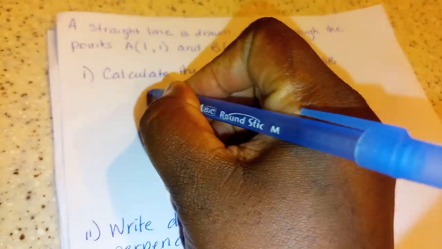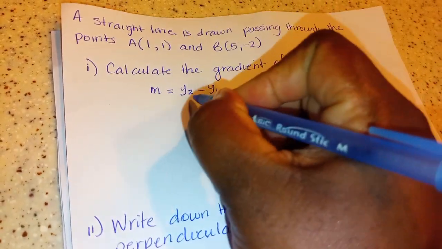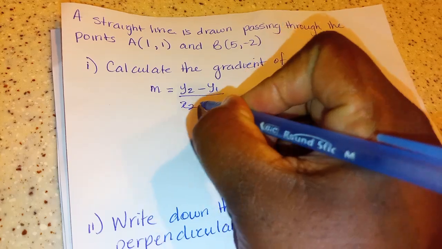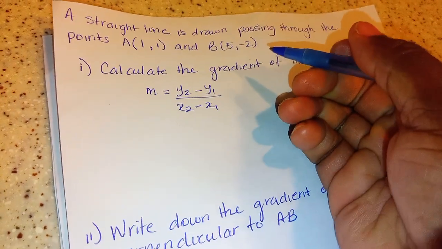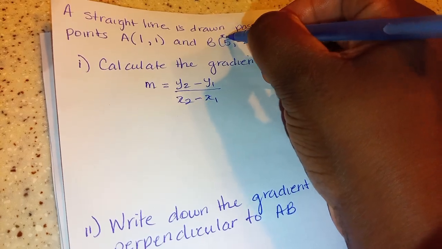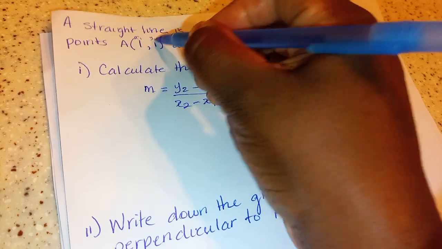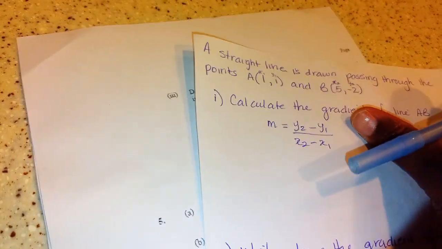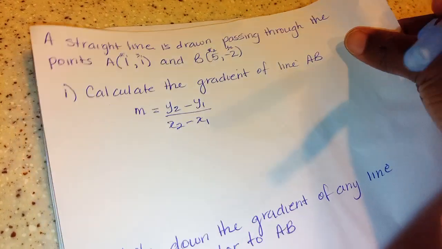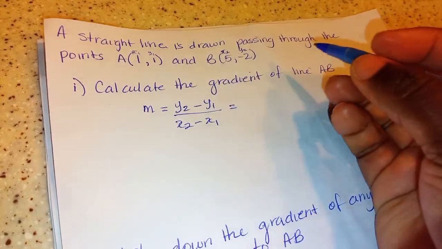Now the gradient of the line is given by the formula m is equal to y2 minus y1 over x2 minus x1. Now from our coordinates, we're going to get our x2, y2, x1, y1. So with that being said, we're now going to substitute these into the formula.